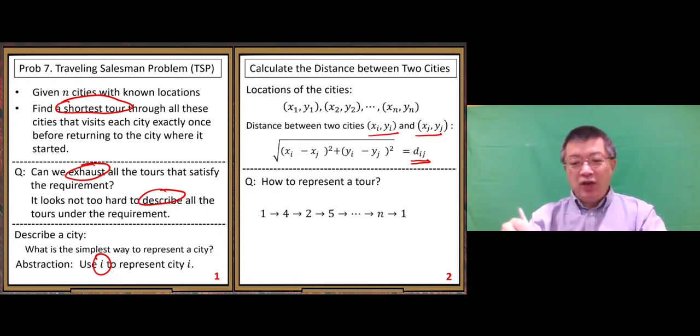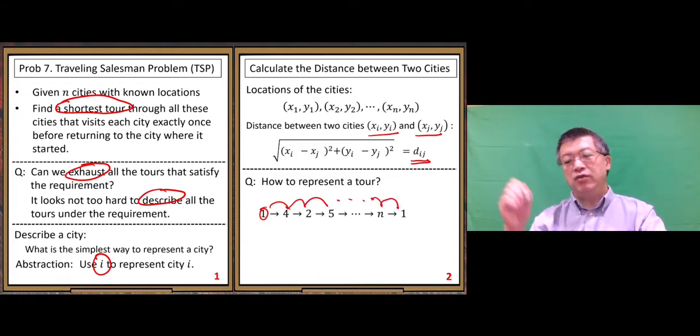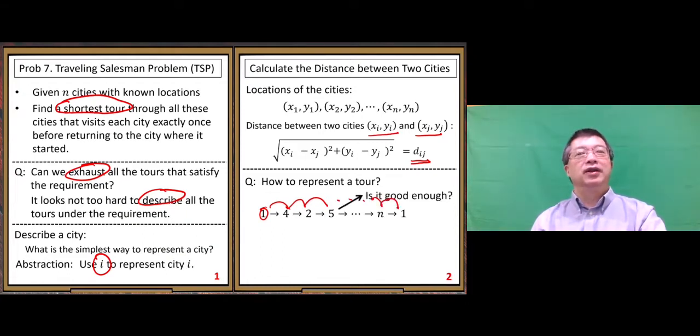City 1, then after that we go to city 4, city 2, city 5, and so on, city N, then back to city 1. Make sure no city is repeated twice, except the first one, because finally we need to get back to the original city.